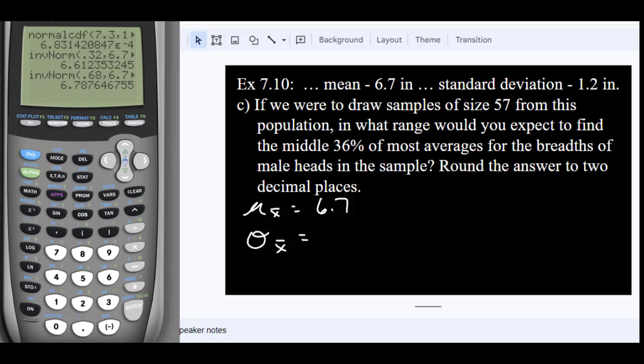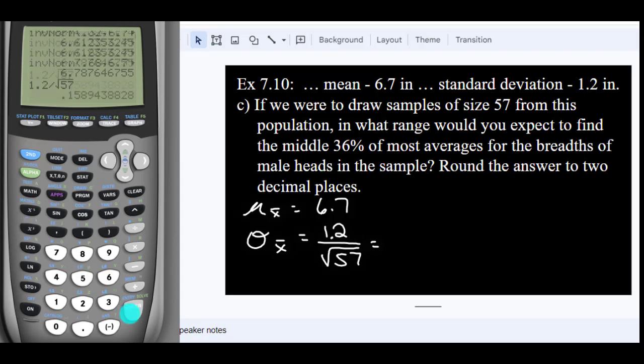So we have to change our standard deviation then. So 1.2 would now be divided by the square root of 57. And that is 0.1589. And so that's what's going to change.